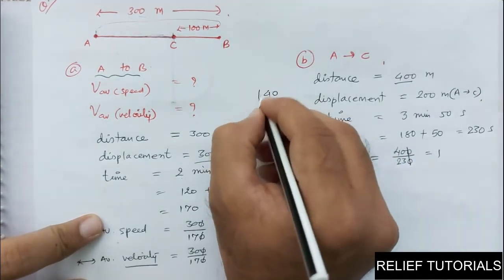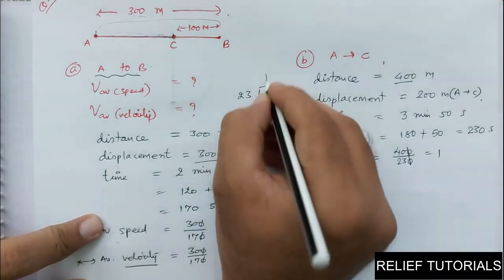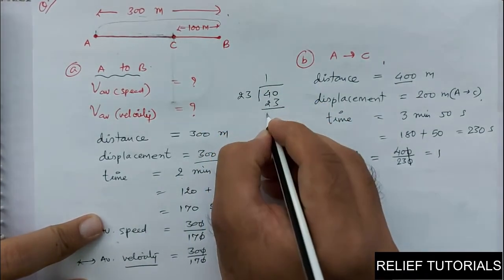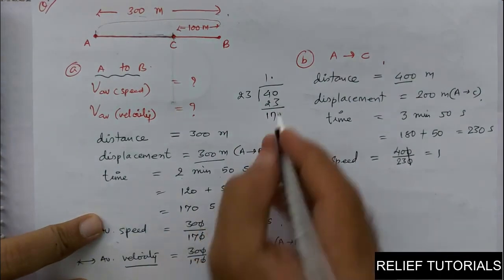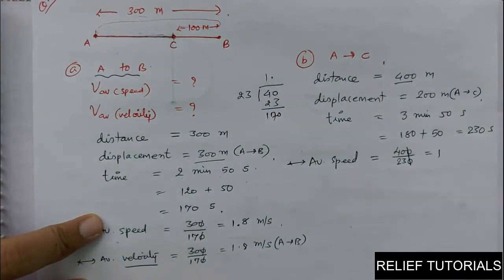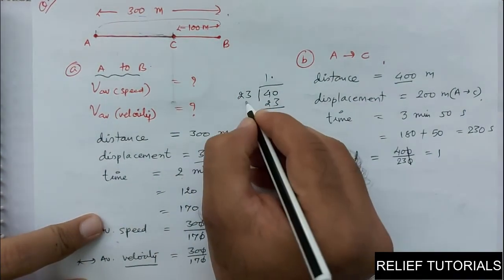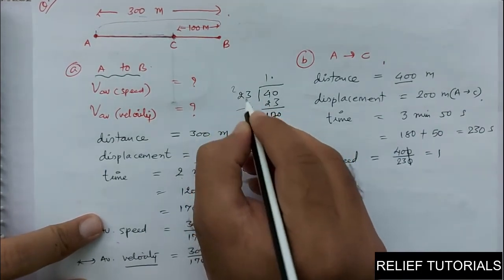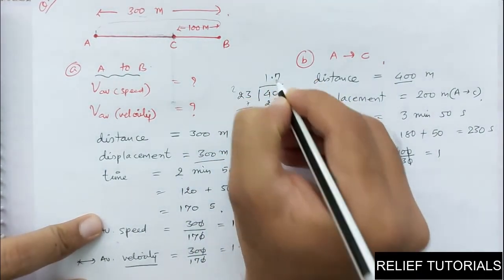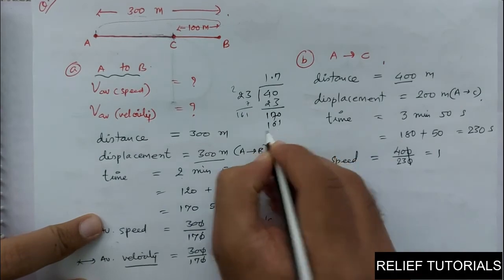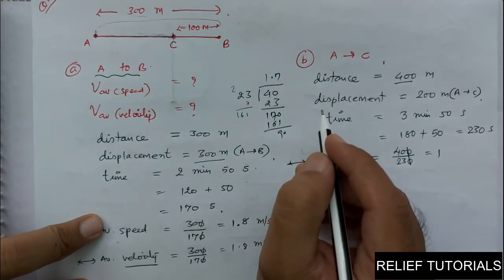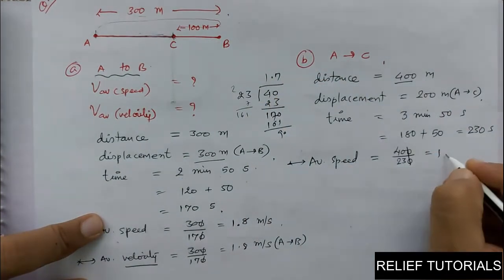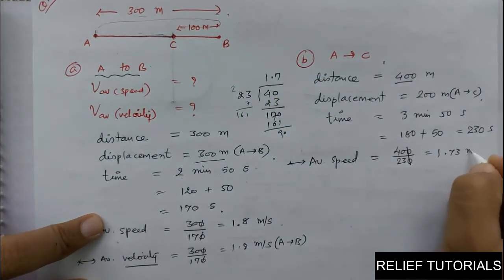It's 40 divided by 23. 23 sevens are 161. 9 left, 0. It will be 73. So 1.73 meter per second is the average speed.